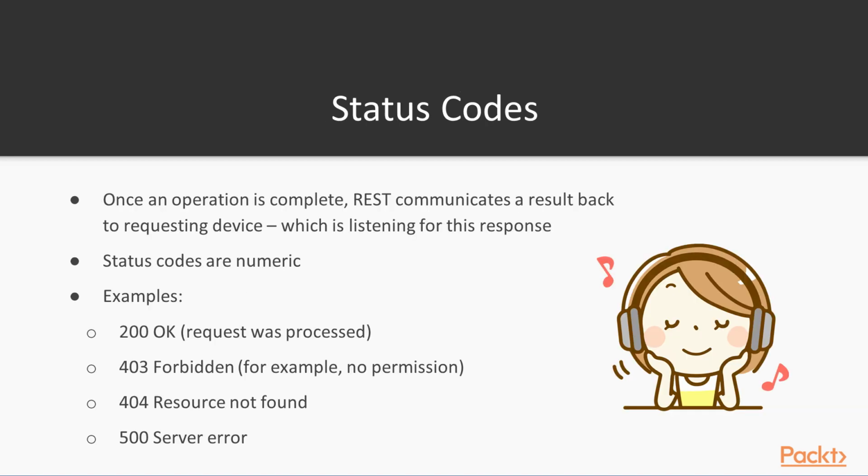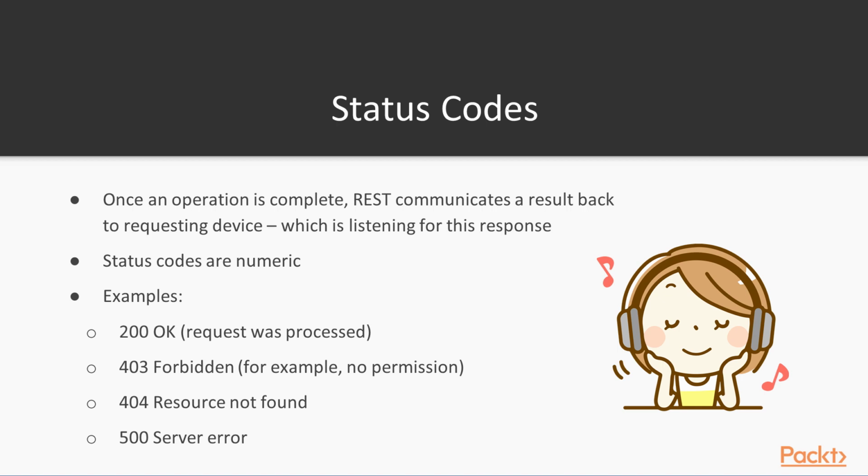And then finally, once the operation is complete, the requesting device is listening for a response to find out what has actually happened. The server communicates this back to the listener using a status code. It may also have other data, like for instance a read operation will return the information that's being read.